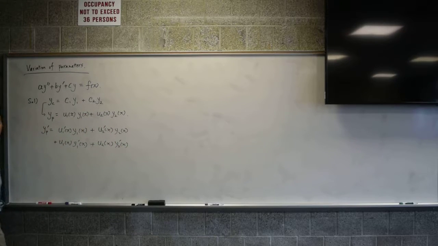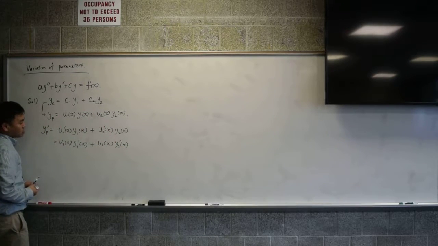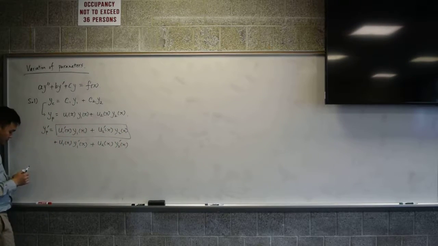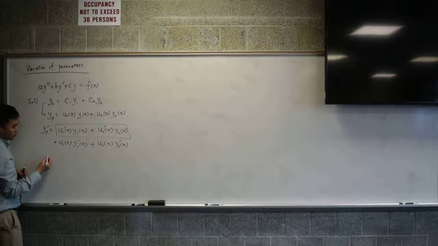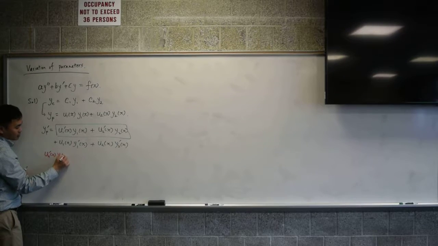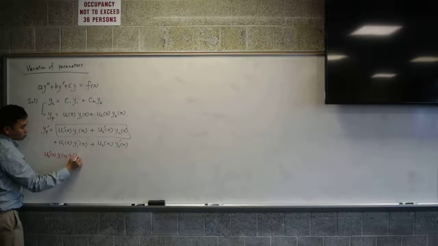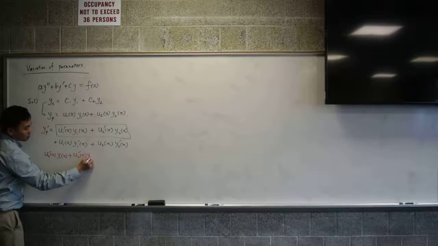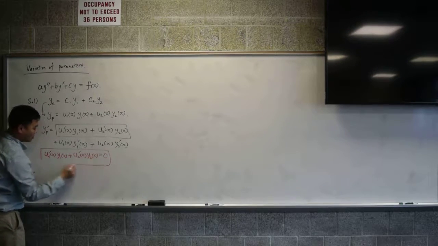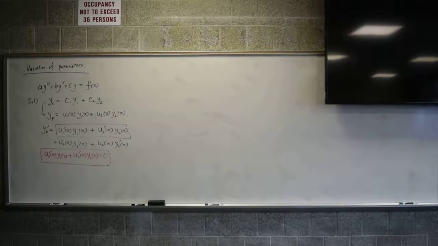That's what I'm going to get through the product rule. And our first assumption is that u1 prime of x y1 of x plus u2 prime of x y2 of x equals 0. For any variation of parameters question, this is the condition that we always assume.